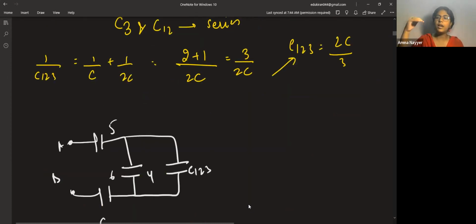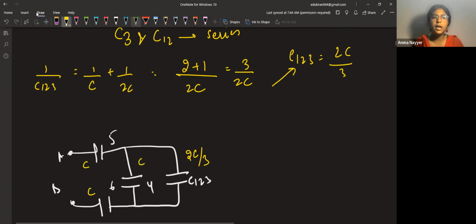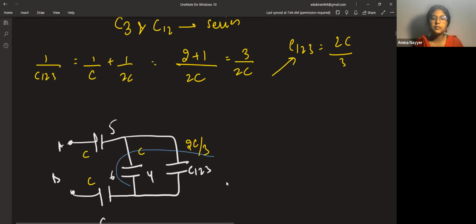Now, instead of writing all of them together, 1, 2, 3 have been written together as C123. And this C123 can be written as 2C by 3. This is C, this is C, this is C. Now, look at this. Series or parallel?